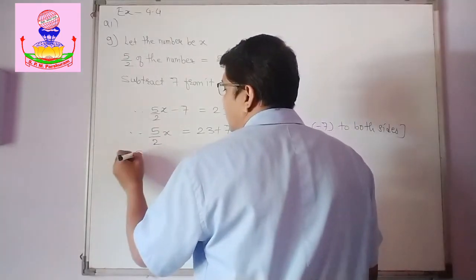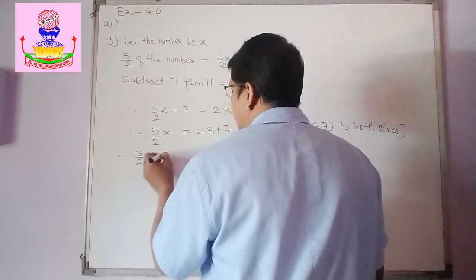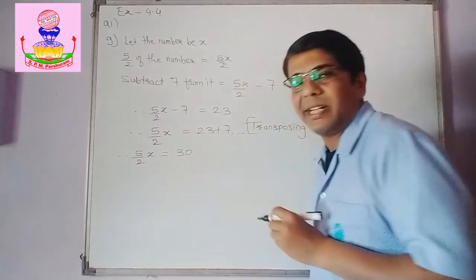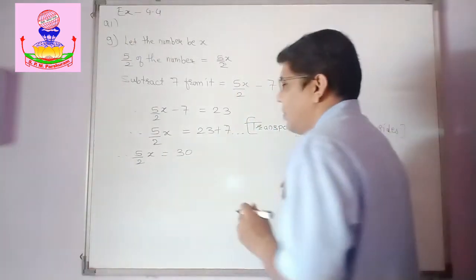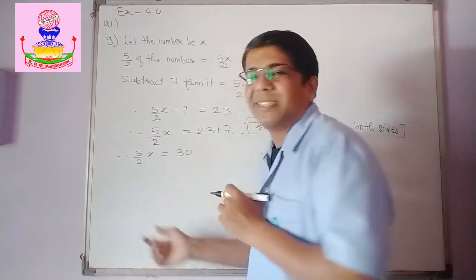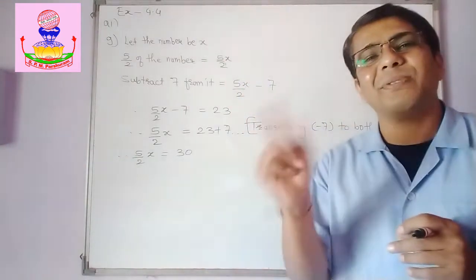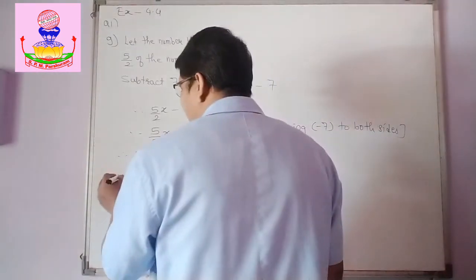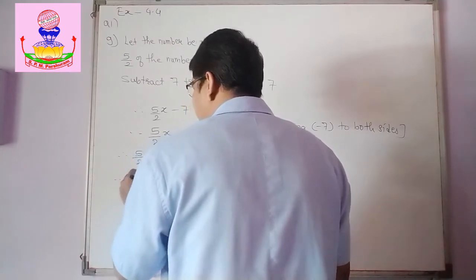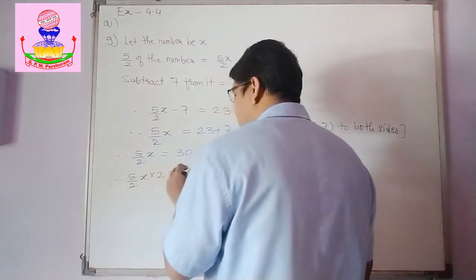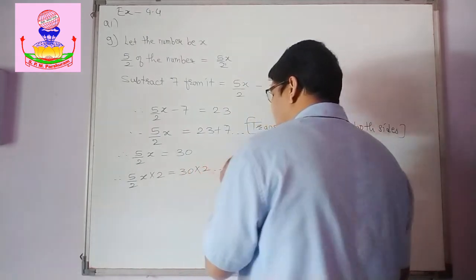Right? So therefore 5 upon 2x, that is equal to 30. Now remove this 2 first. It is in division. Opposite of division? Yes, multiplication. So therefore 5 upon 2x into 2, that is equal to 30 into 2.